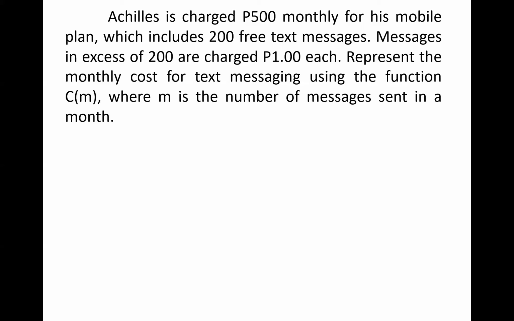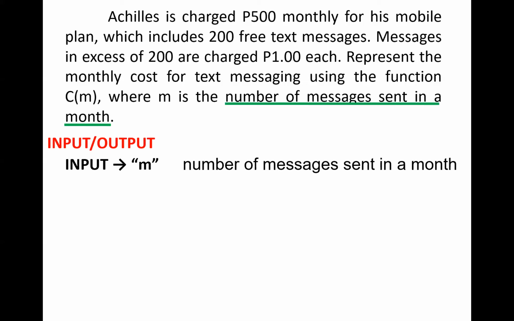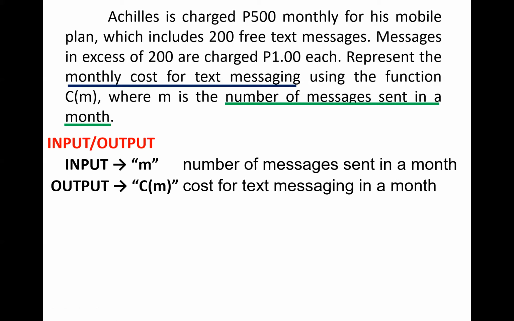Okay, same process tayo. Una natin gawin, identify our input and output. So for this example, our input or our M here is the number of messages sent in a month. Given na siya, ayun. Then, our output is the monthly costs for text messaging in a month.